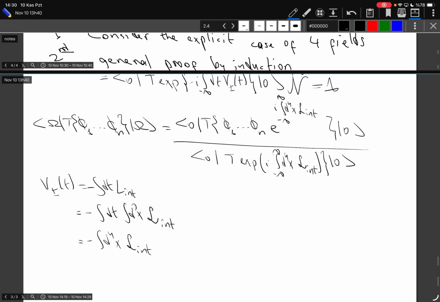But when you write it in terms of the Lagrangian density, it is Lorentz invariant in all steps. And that is something we want. The theory is Lorentz invariant, but we would like it to be Lorentz invariant at every step.